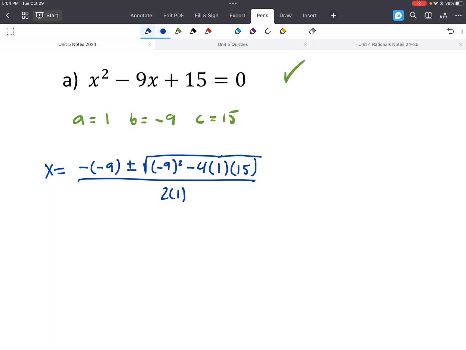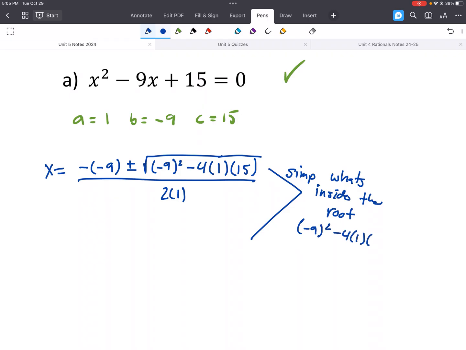We're going to simplify what's inside the root. Okay, so for this one, it's -9 squared minus 4 times 1 times 15. Okay, so we'll put that into our calculator and we'll see what we get.